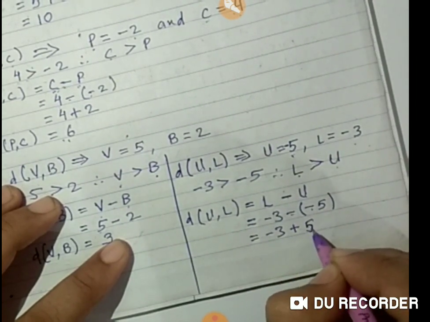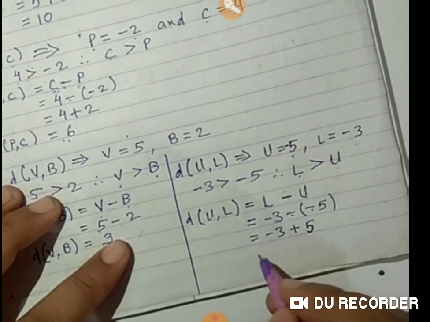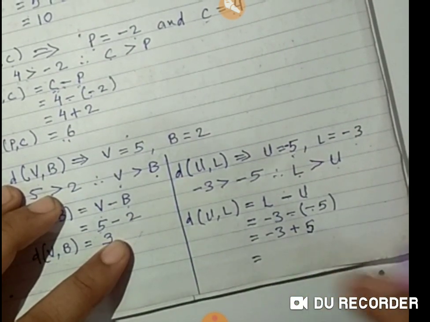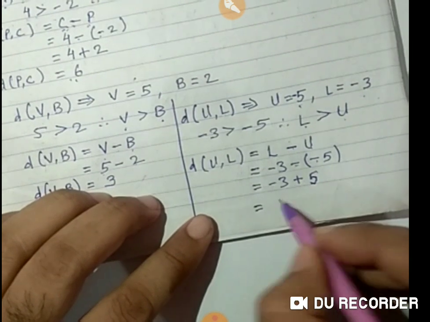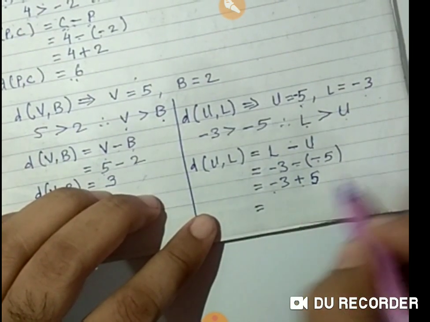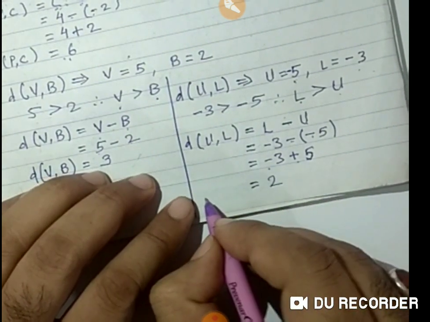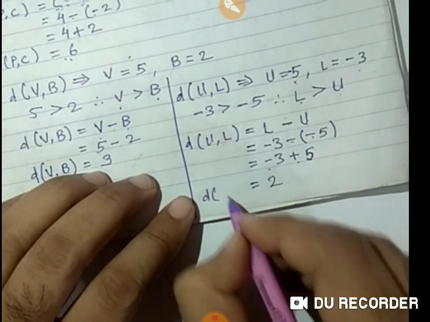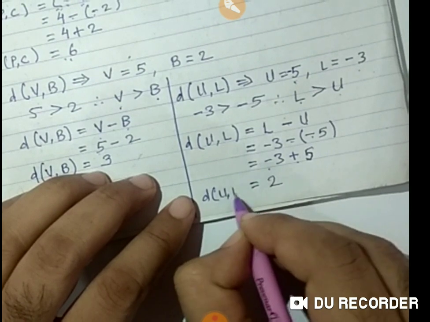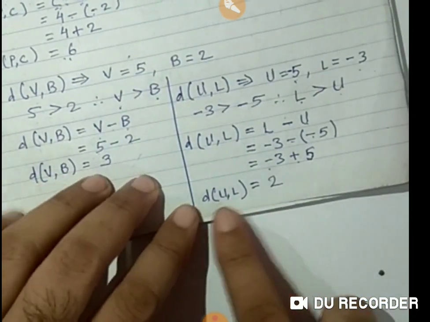So your final answer: negative 3, positive 5 will give you plus 2. So this is your distance between UL. Distance between UL is 2.